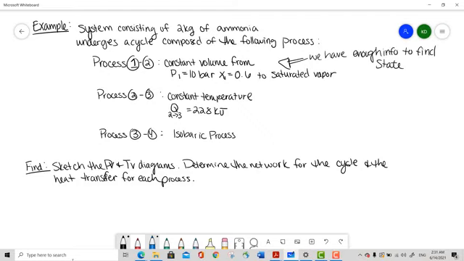We need 2 independent intensive properties. And for this, we know that right here that this is a positive, right? So we know that this is a positive heat transfer. Which means the system is gaining heat.